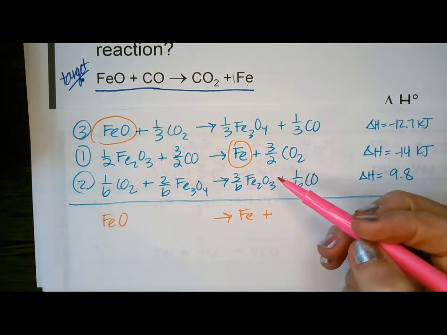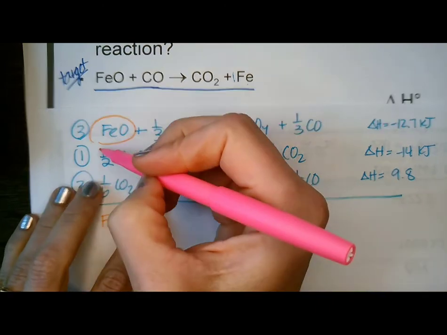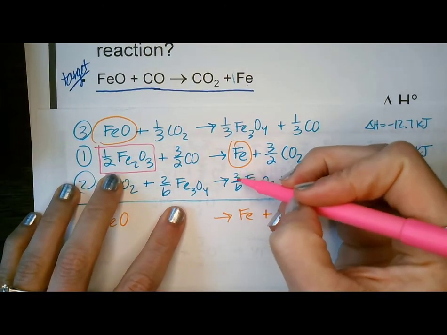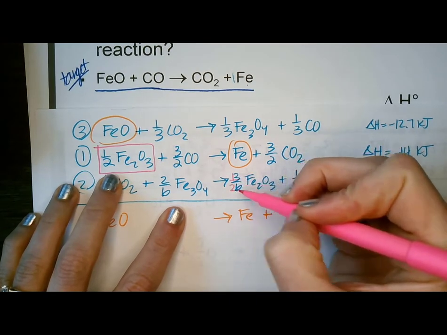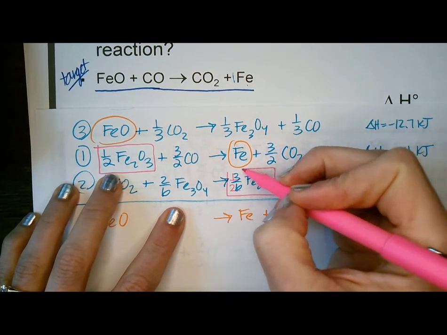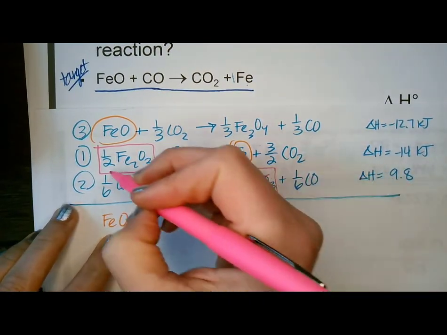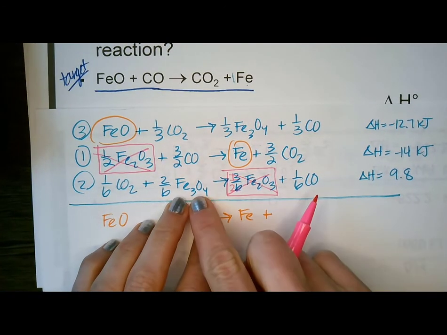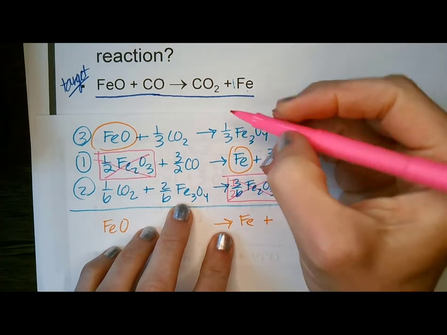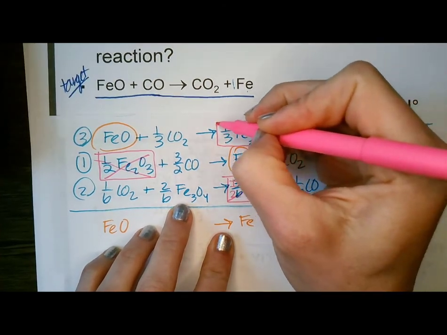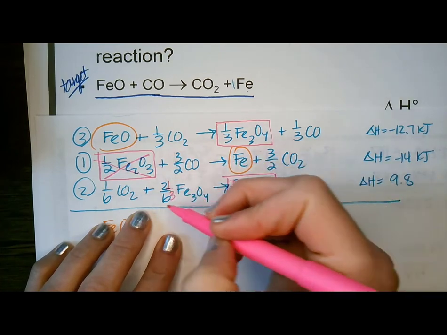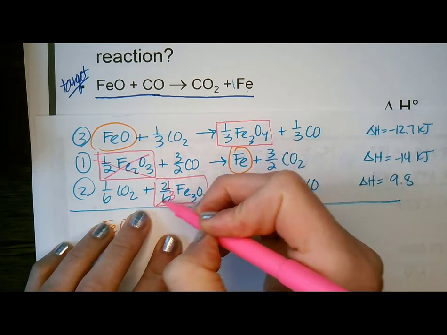All right, let's find commonalities. We've got 1/2 of Fe2O3 and 3/6, which is 1/2 of Fe2O3 on the right. So we can cancel these out. What else do we need to cancel out? These Fe3O4s. I've got 1/3 of Fe3O4 and 2/6, which is 1/3, reduces. Cancel those out.